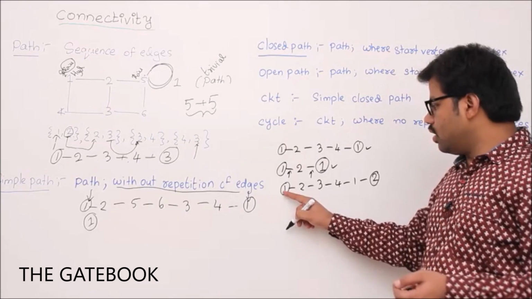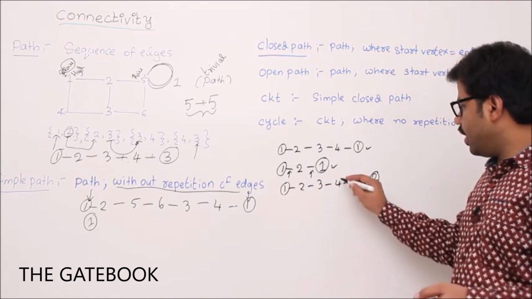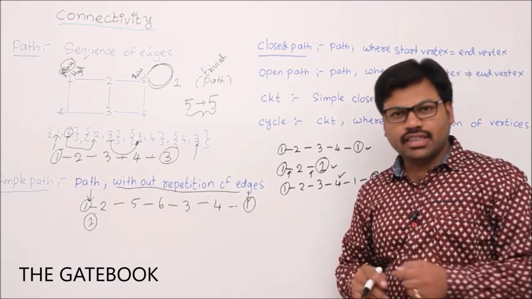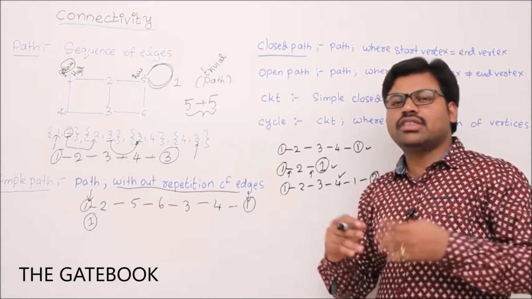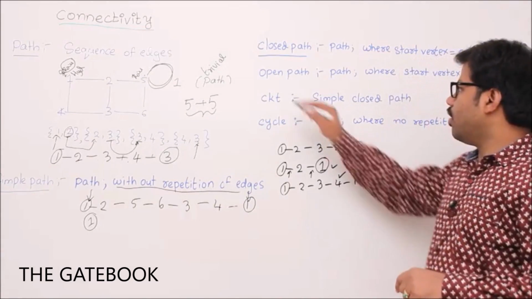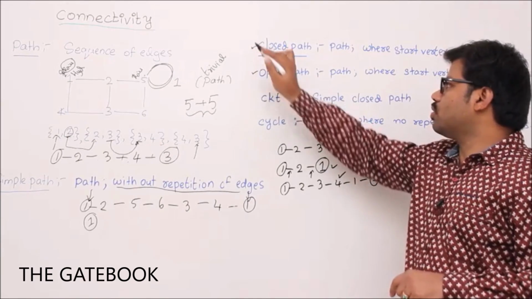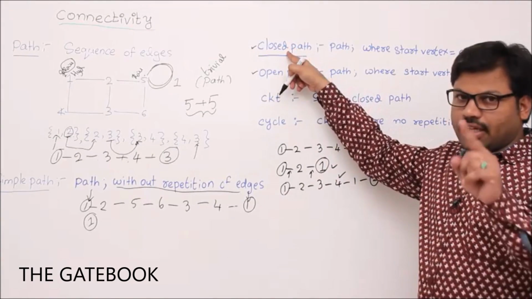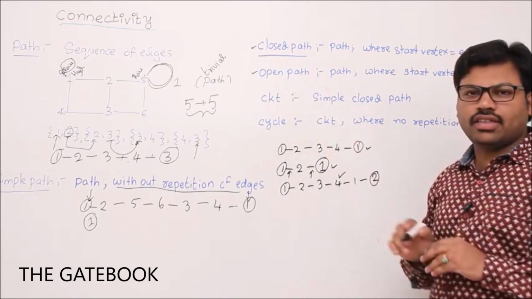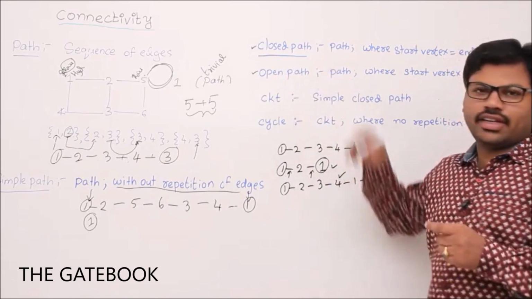But for a closed path, start should be equal to ending. That's why it is an open path. I can say that an open path is a path which is not closed. Now you understand what is an open path and what is a closed path. In a closed path, starting equals ending, and in an open path, starting does not equal ending.